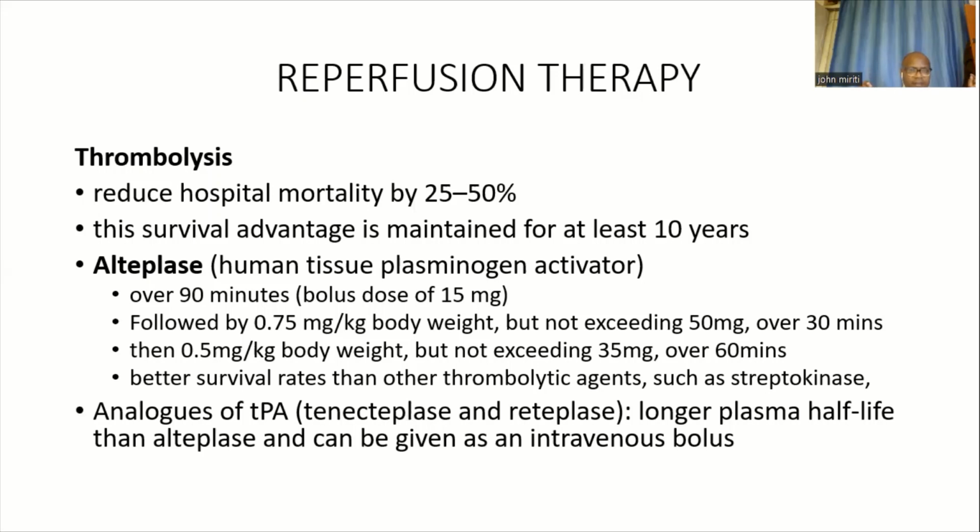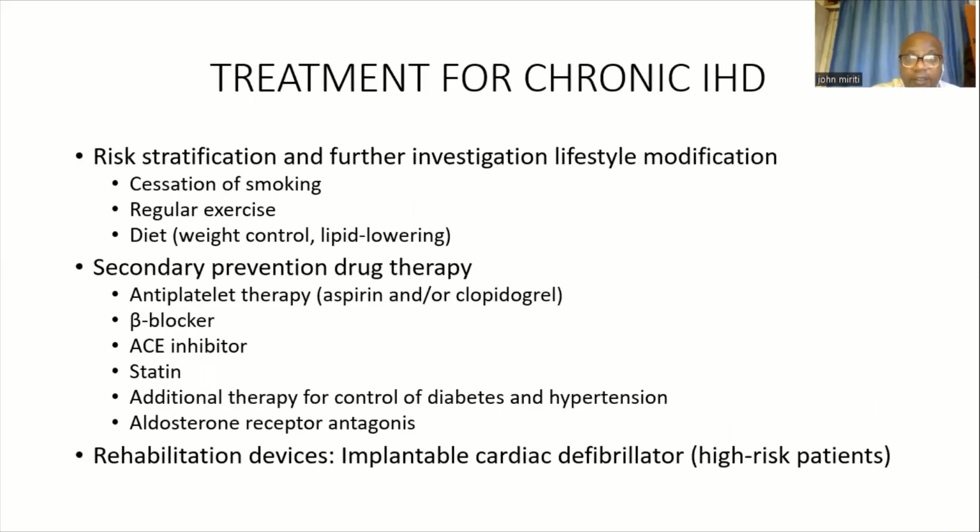It has a better survival rate than other thrombolytic agents, such as streptokinase. Analogs of tPA are tenecteplase and reteplase, with a longer plasma half-life than alteplase, and can be given as an intravenous bolus.